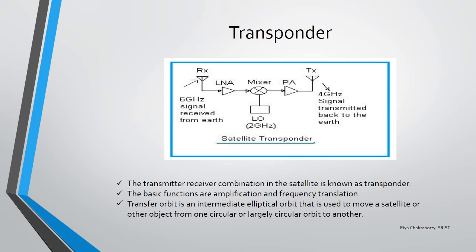This is the basic block diagram. There are the receiving antenna RX, LNA meaning low noise amplifier, mixer, LO meaning local oscillator, PA meaning power amplifier, and TX meaning transmitting antenna. This is actually the transmitter receiver combination.